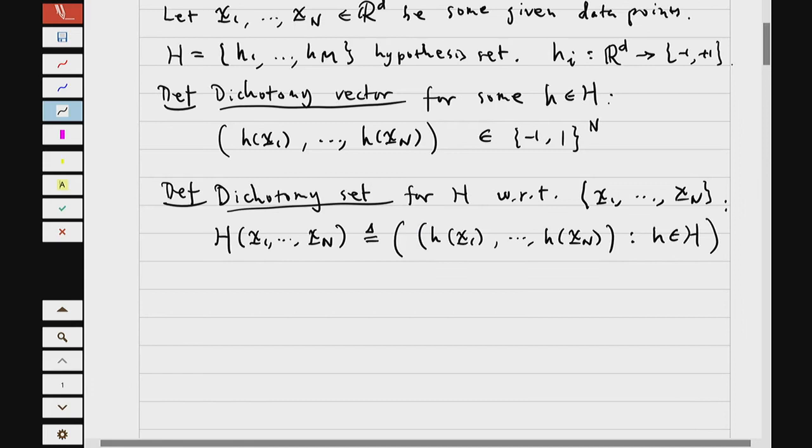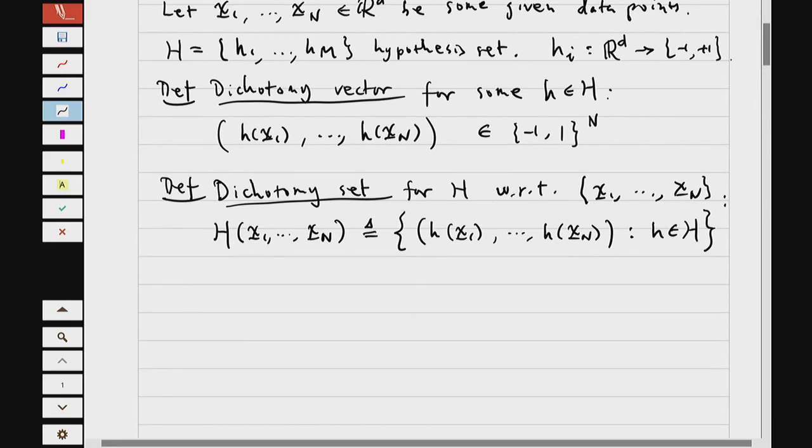Oh, I'm sorry, I should use set notation. This should have been a curly bracket. Everyone clear what this dichotomy set is? It's just this set of vectors. That's all, nothing mysterious, even though a lot of writing.